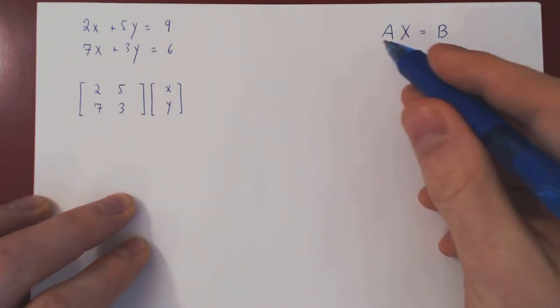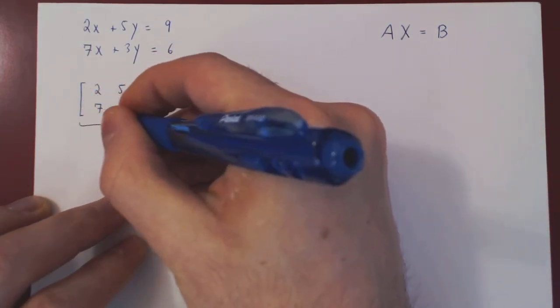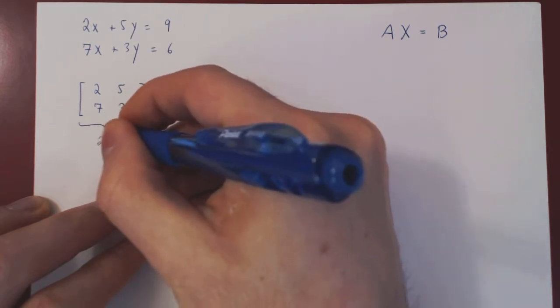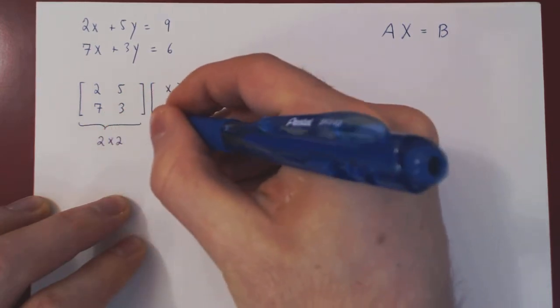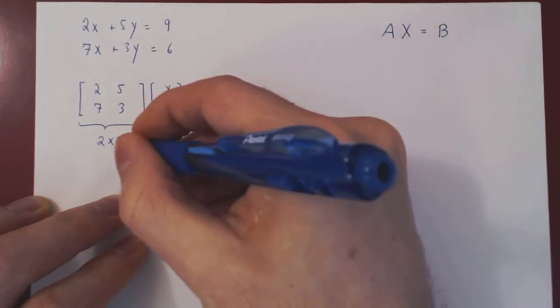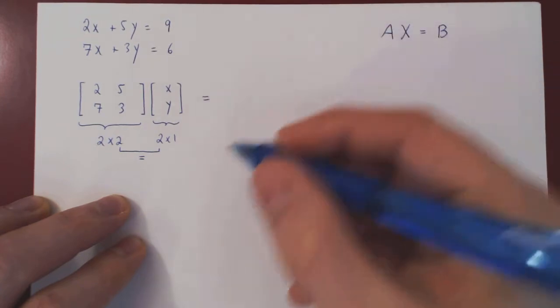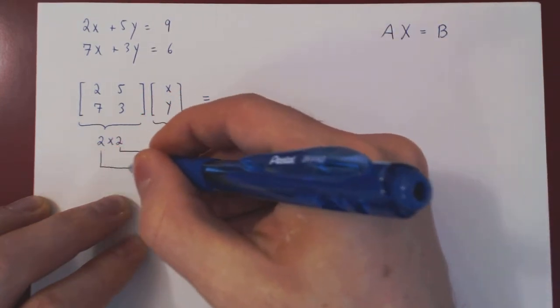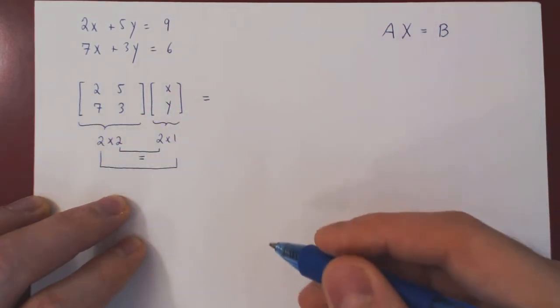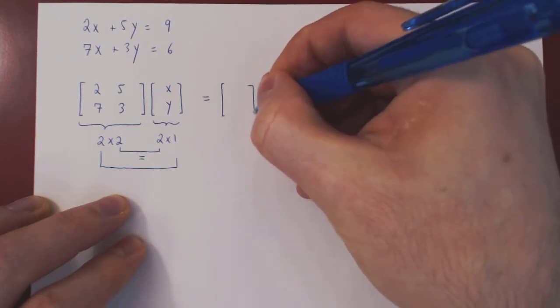Okay, so let's see if that's our A and our uppercase X. Here, this matrix is a 2 by 2 matrix. This matrix is a 2 by 1 matrix. So multiplication is defined as 2 equals 2. And the result will be a matrix that is also a 2 by 1 matrix. So a single column with two entries.